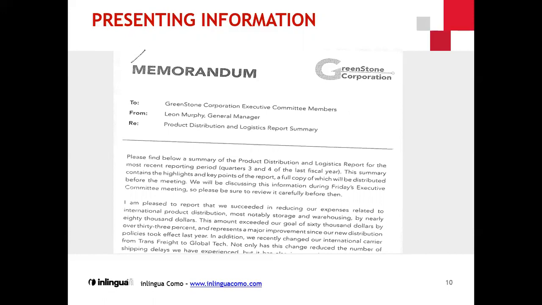We will be discussing this information during Friday's Executive Committee meeting, so please be sure to review it carefully before then. I am pleased to report that we succeeded in reducing our expenses related to international product distribution, most notably storage and warehousing, by nearly $80,000, and so on.